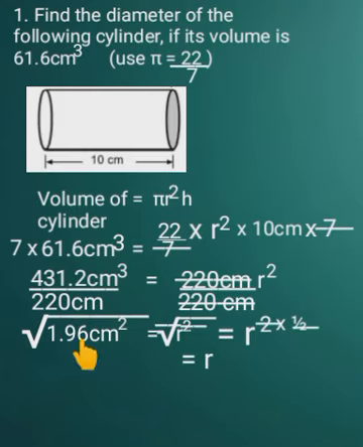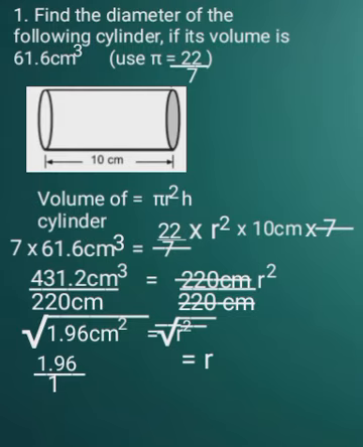And here we have to find it, so you can change this one into a fraction so you can find it easily. Let us change this one to a fraction. To write this one, it is like to write 1.96 over 1, simply because once you divide by 1, you get 1.96.